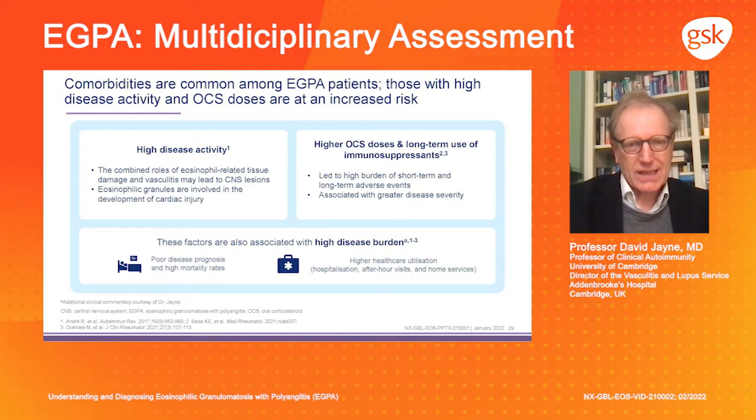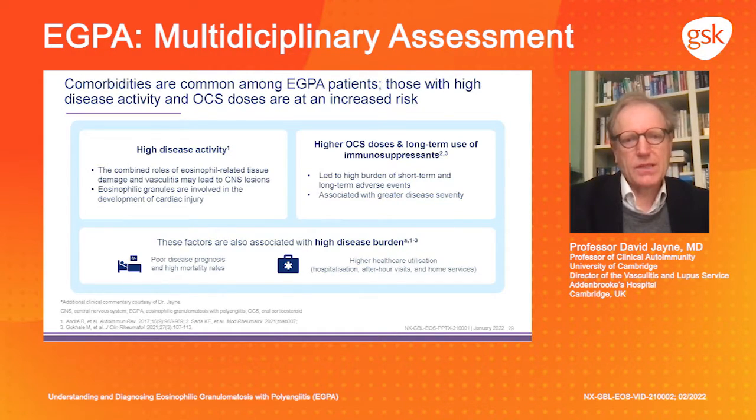In terms of treatment, EGPA is a steroid-responsive disease, but it requires reasonably high doses of steroids. And compared to other vasculitides, immunosuppressants such as cyclophosphamide, azathioprine, or mycophenolate are slightly less effective at being steroid-sparing agents. As a result of this, EGPA patients suffer a high burden of steroid-related toxicity, both in terms of short-term toxicity, but also long-term adverse events.